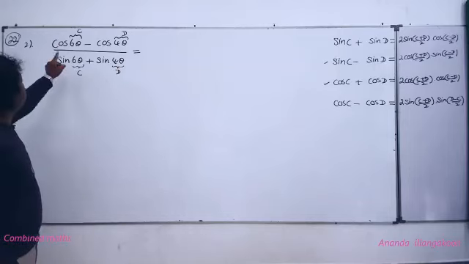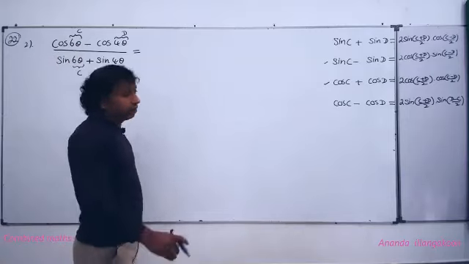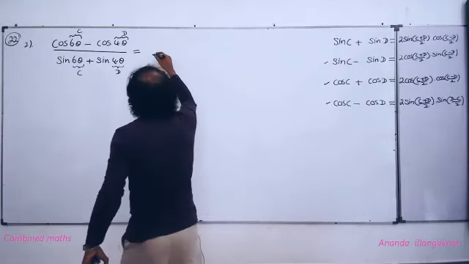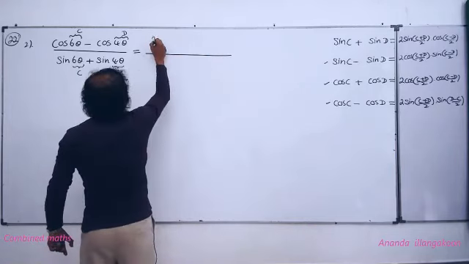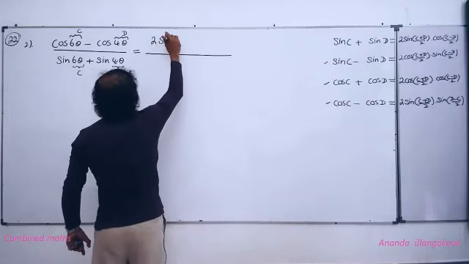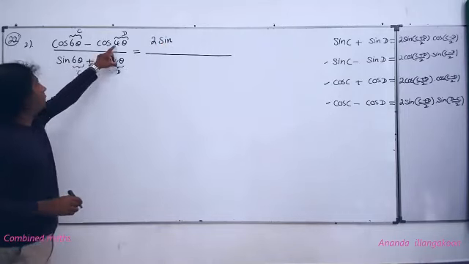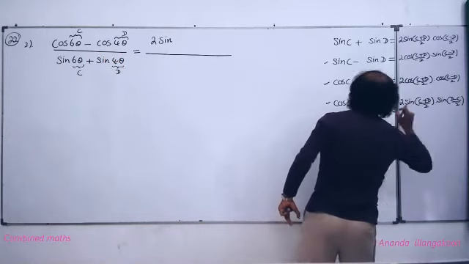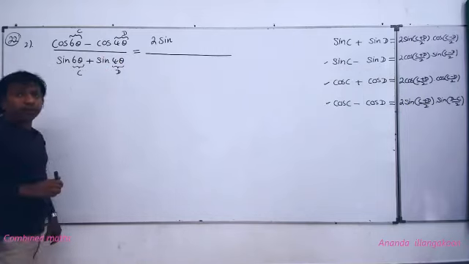So this is cos C minus cos D. You can write 2 sin of these two angles, C plus D, divided by 2. 6 and 4 when we add we get 10 theta.